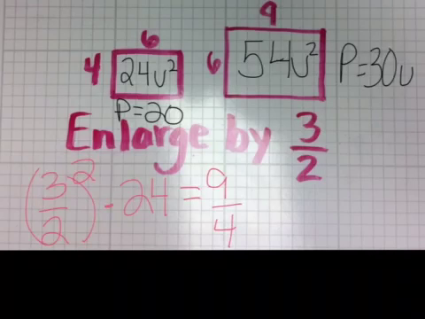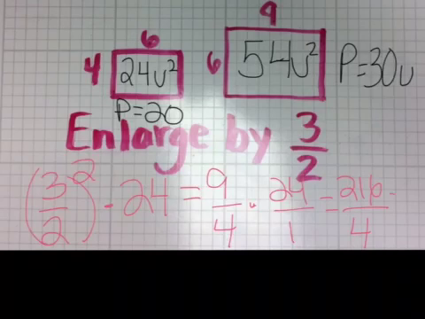All right, so we have 3/2 squared is 9/4 times 24/1. 9 times 24 gives us 216. And 4 times 1 is 4. 216 divided by 4, guess what that gives us? 54.